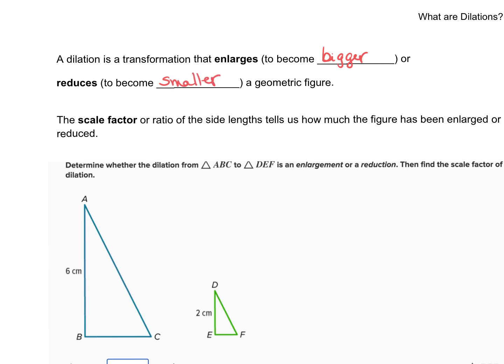And anytime we enlarge or reduce a figure, the side lengths change, but the angles remain congruent.